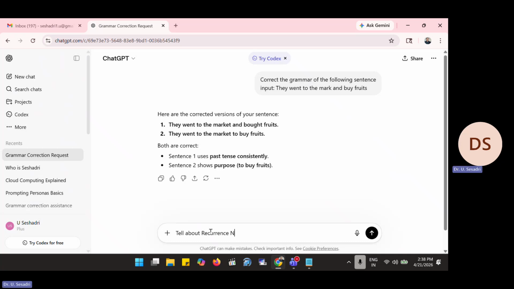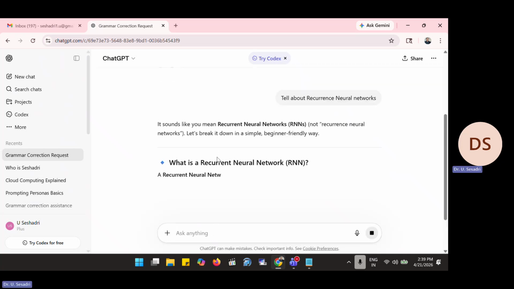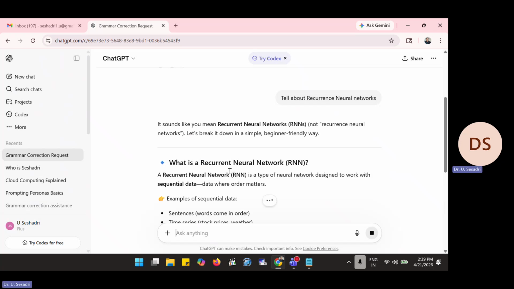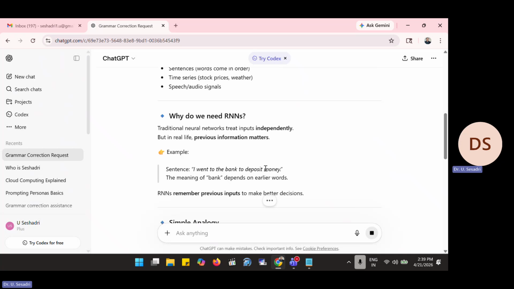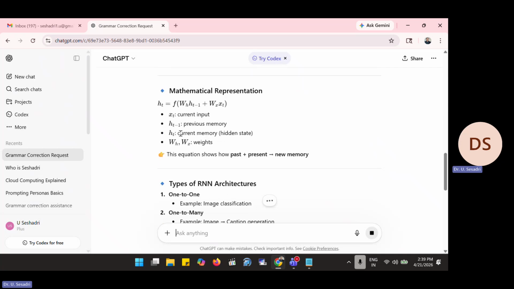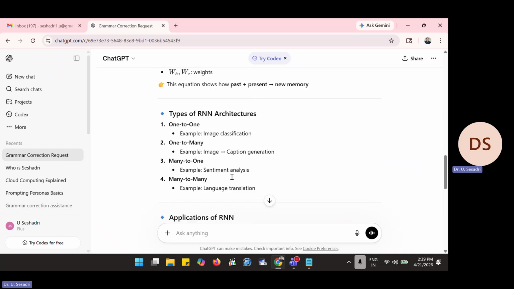If I give this, then it provides some information: what a recurrence neural network is, examples, and why we need it. It gives the mathematical representation, what xi, ht, wh and wx are, and the types of recurrence neural network architectures, one to one, one to many, all those things.